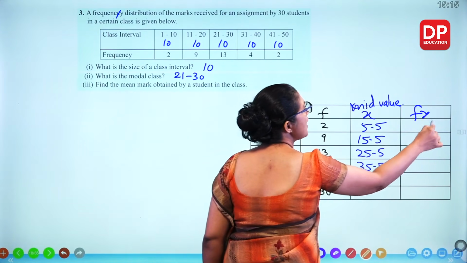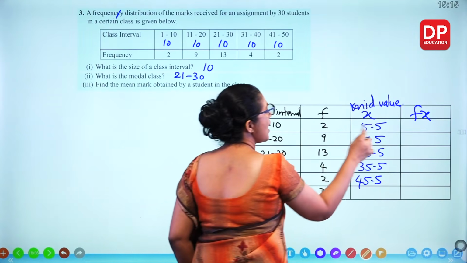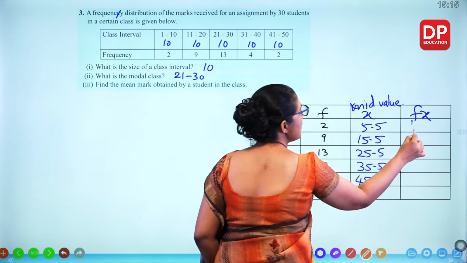Multiply these two to get fx. 2 times 5.5 is 11.